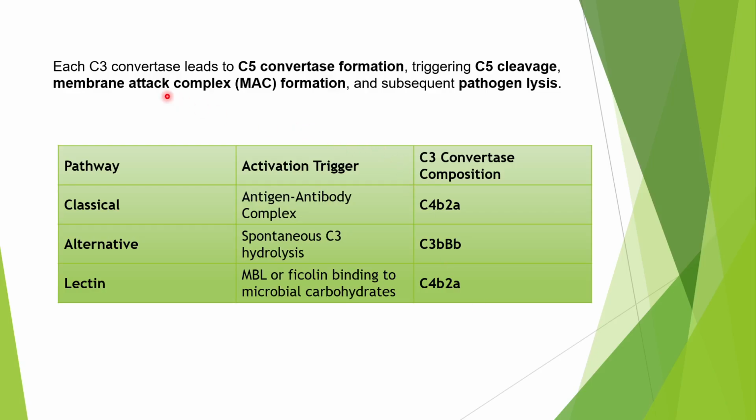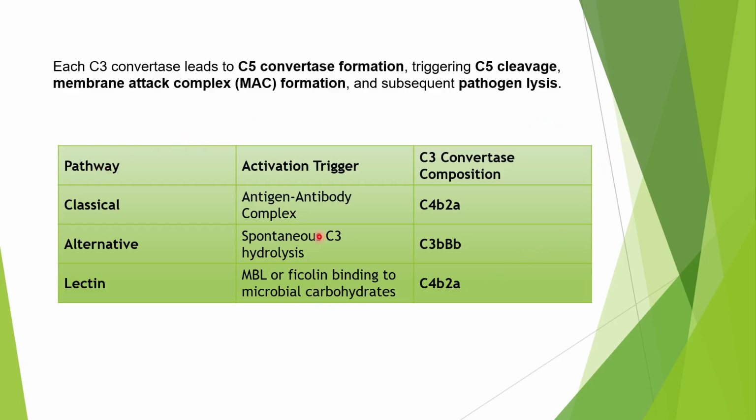So each C3 convertase leads to C5 convertase formation, triggering C5 cleavage, membrane attack complex formation and subsequent pathogen lysis. So in each case, we have C3 convertase which activates C3 and then subsequently C5 convertase formation and then triggering cleavage of C5 and then formation of membrane attack complex and then pathogen lysis.